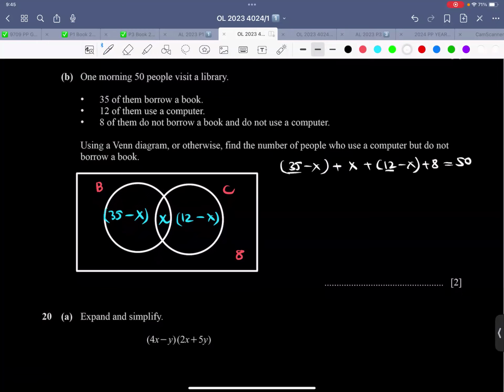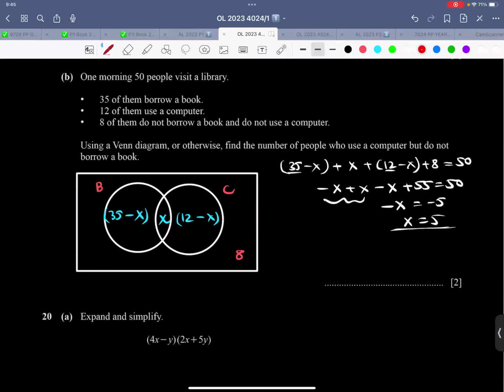So 35 and 12, that is 47. 47 plus 8 is 55. So minus x minus x plus 55 is equal to 50. Minus 2x is minus 5, therefore x is 5. This is the common thing.